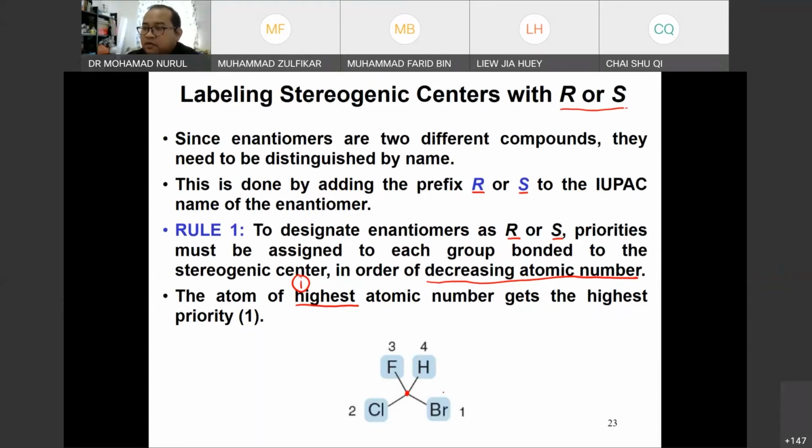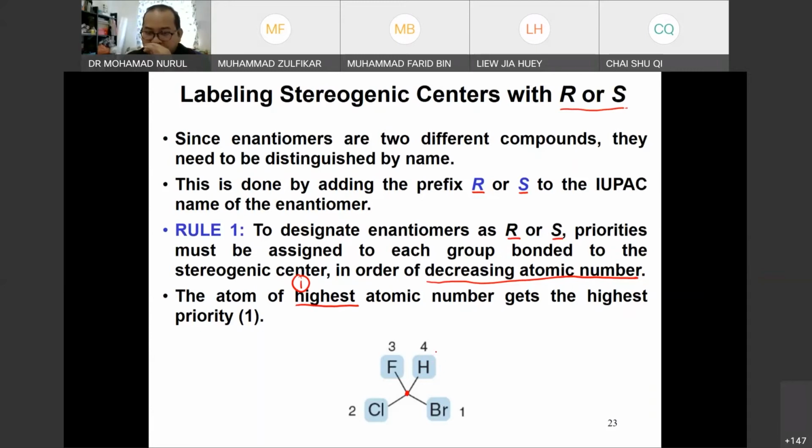You arrange all the substituents by atomic number, and the highest atomic number gets the highest priority, which is number 1. Of course, the proton is quite small, so it gets the lowest priority.